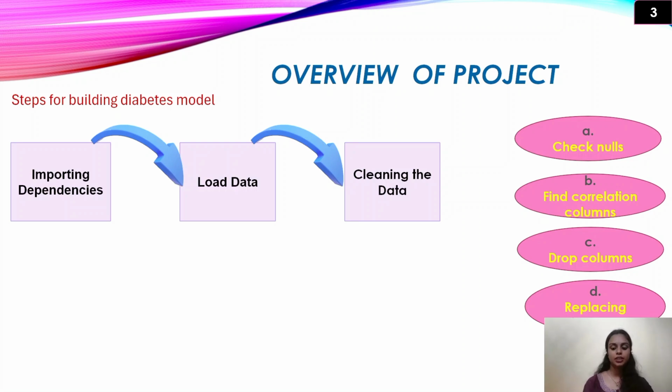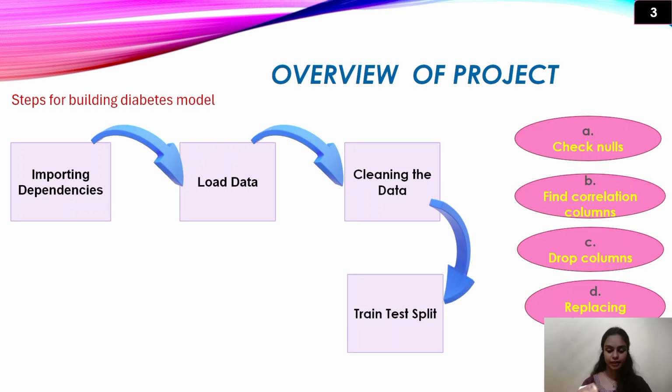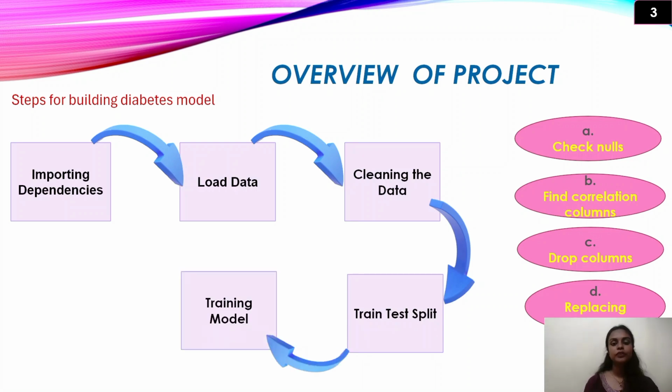Once the data is cleaned, now it is ready for the training. Before training, the data will be split into two parts. One is for training and the other one is for testing. That will be done by using the train test split method. Once it is done, 70% of the data will be used for training purposes and the remaining 30% will be used for testing purposes.